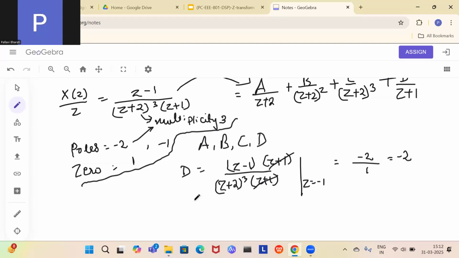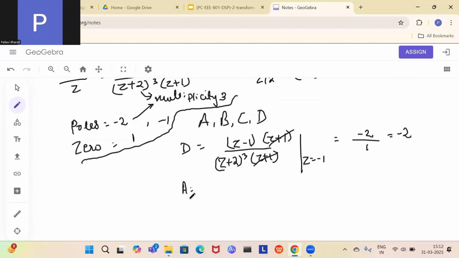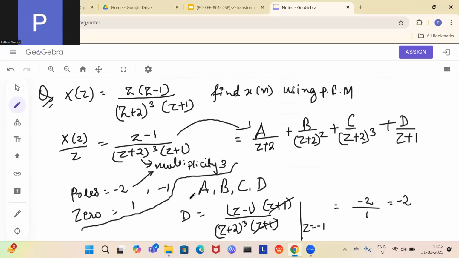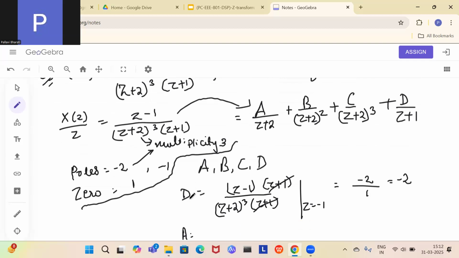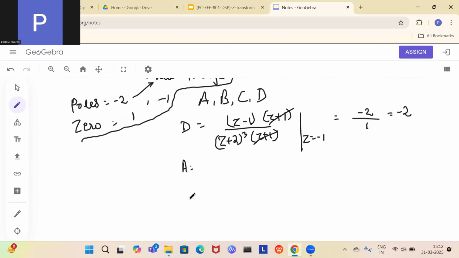Now let's move on with A. Now see, when you have a pole which is of multiplicity more than 1, meaning it is not a simple pole, then what we need to do is, to calculate A: A was written as A by z plus 2, B was written as B by z plus 2 whole square.